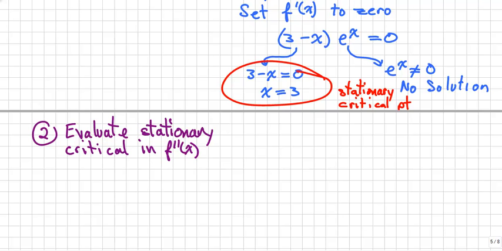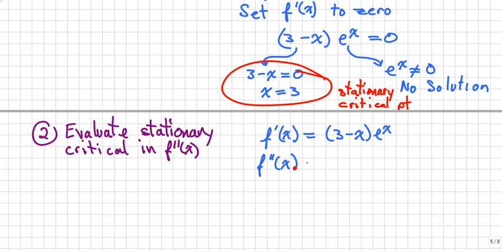So we want to know, well, I guess first we had to find the second derivative, which we haven't done yet. So our first derivative is this, 3 minus x e to the x. And because our first derivative was so similar to our original function, our second derivative is going to be pretty similar too. So let's see what happens.